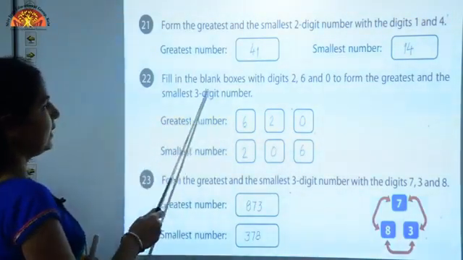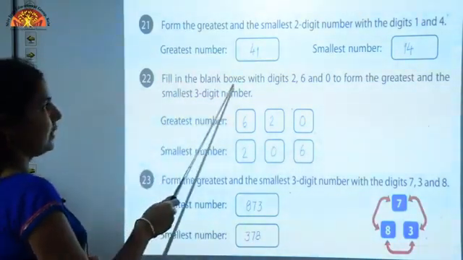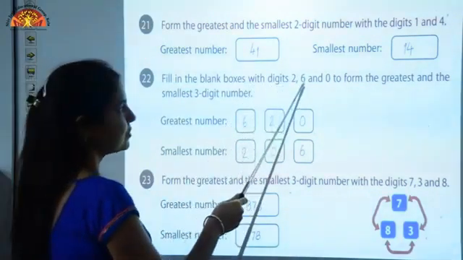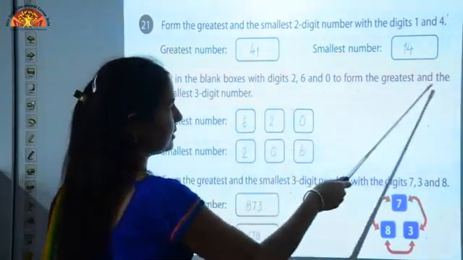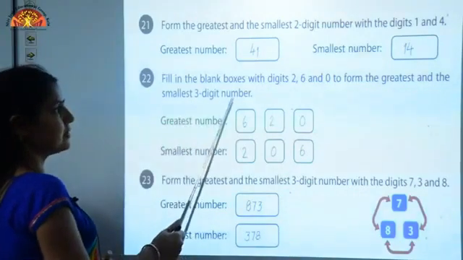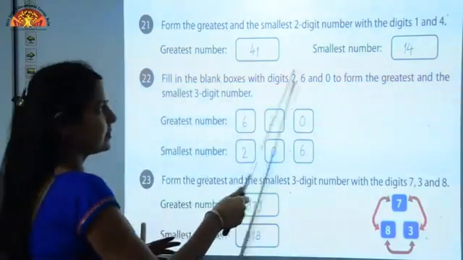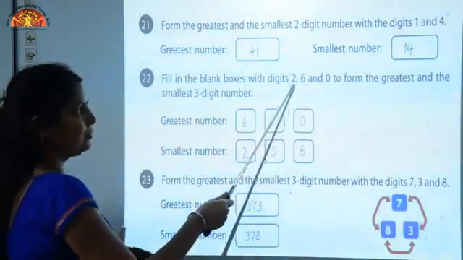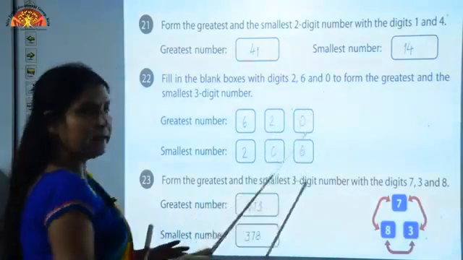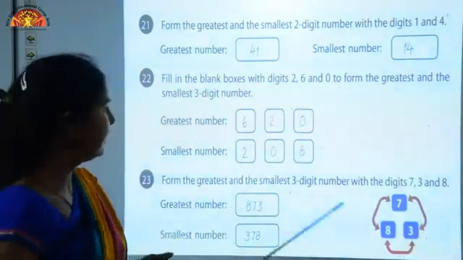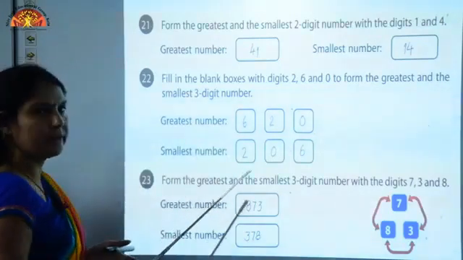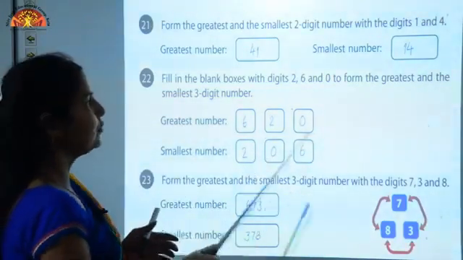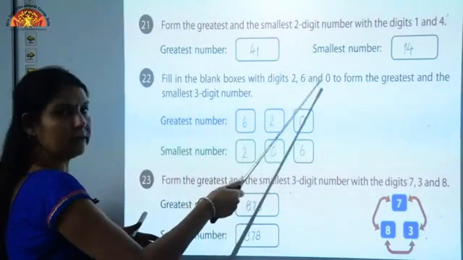Now fill in the blanks. Question number 22. Fill in the blank boxes with digits 2, 6 and 0 to form the greatest and the smallest 3-digit number. Children, here 3 digits are given. These are 2, 6 and 0. Again we have to form one greatest number and one smallest number. So we have to find out the greatest digit among all these 3.